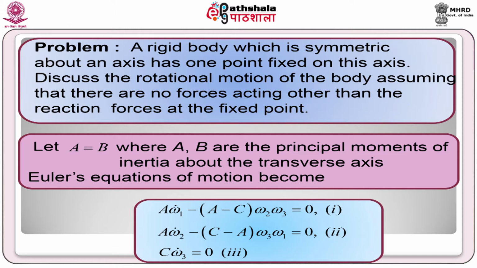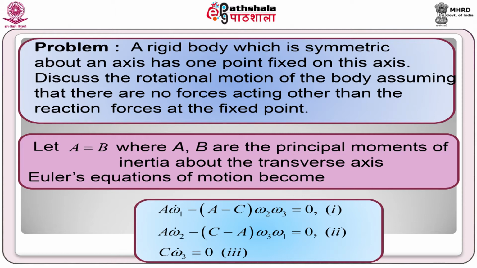As the body is symmetric about an axis, so let capital A equal to capital B. Capital A and capital B are the principal moments of inertia about the transverse axis.